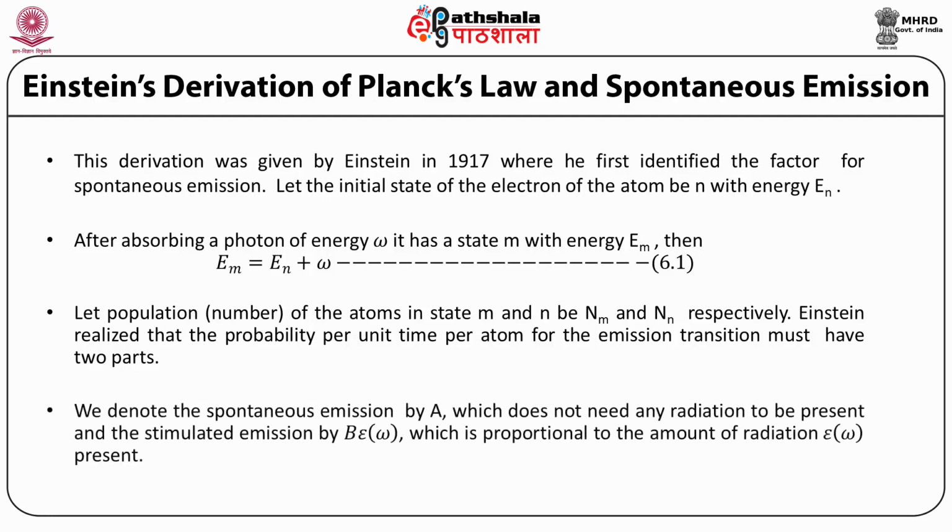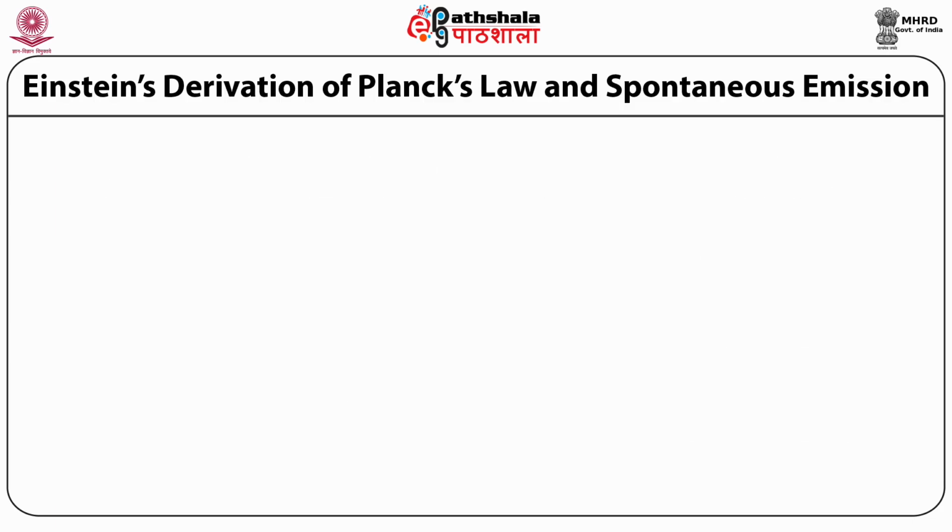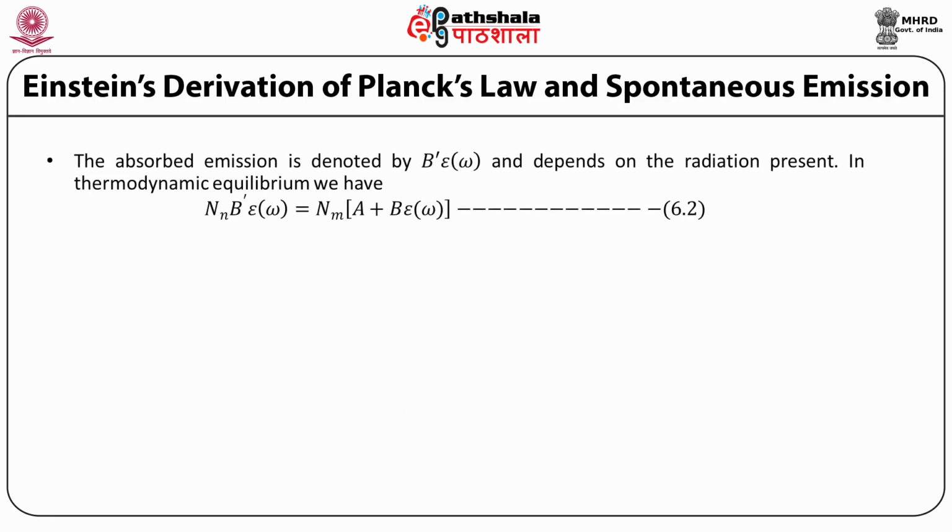We denote the spontaneous emission by A, which does not need any radiation to be present, and the stimulated emission by B into epsilon of omega, which is proportional to the amount of radiation present. The absorption is denoted by B prime epsilon of omega and depends on the radiation present.